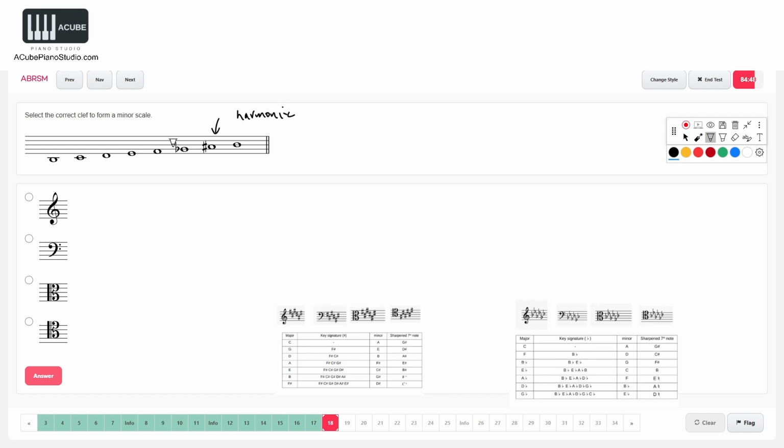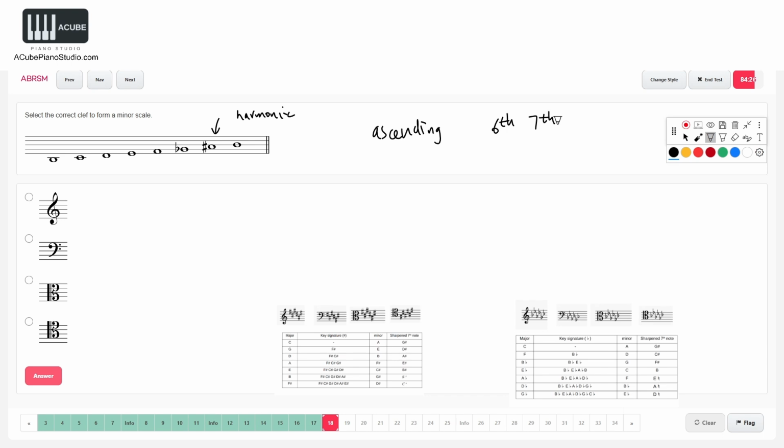Why? Because this is ascending. If it's ascending, what do you do? You sharpen the 6th and the 7th note, right? Once you sharpen the 6th and the 7th note, there will never be a flat on the 6th note, because if it's a flat, it becomes natural. It was initially no flat, then it becomes sharp.